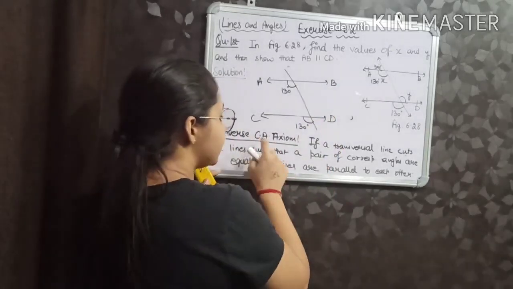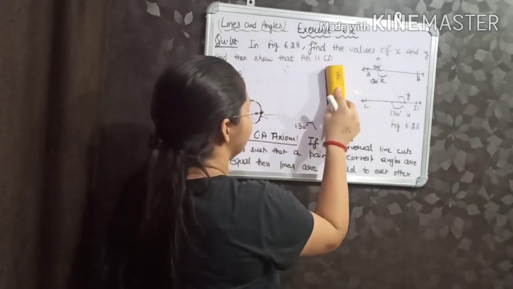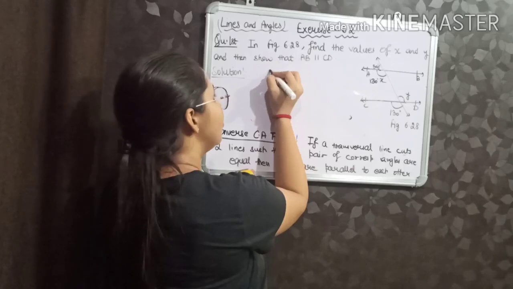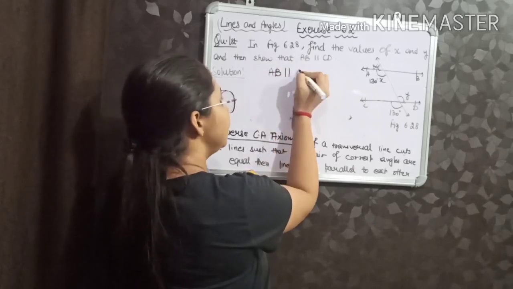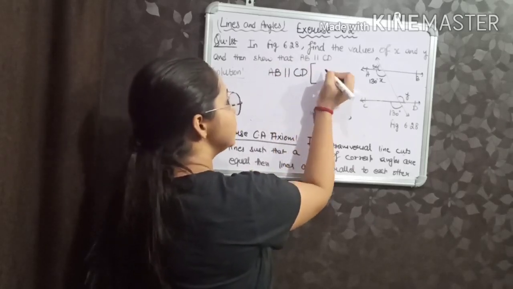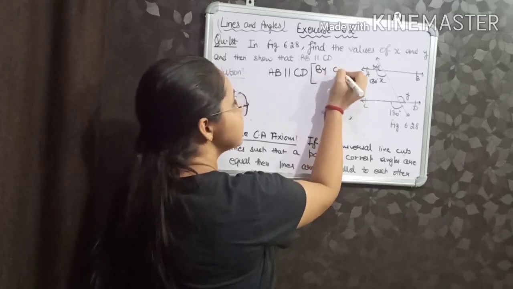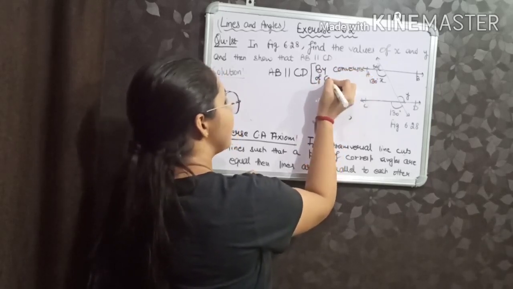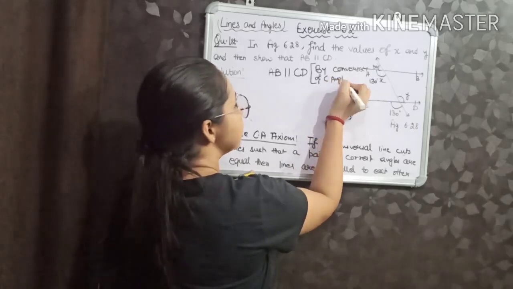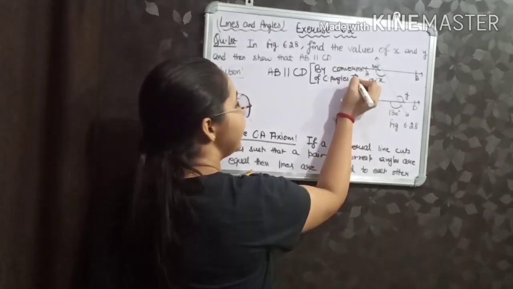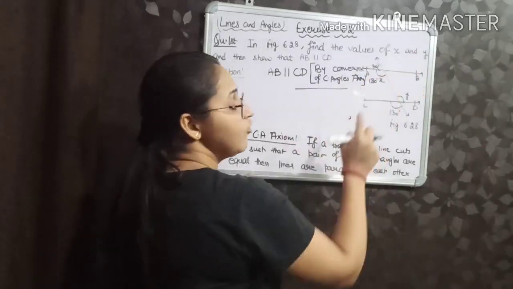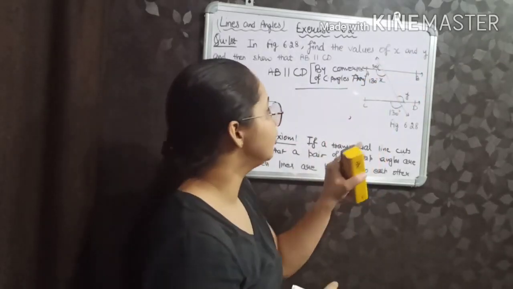So by the converse of the corresponding angles theorem, we can say that AB is parallel to CD. AB is parallel to CD. The reason is by converse of corresponding angles theorem or axiom.